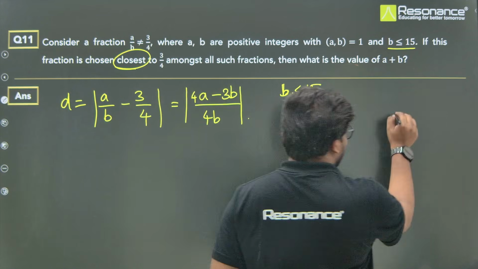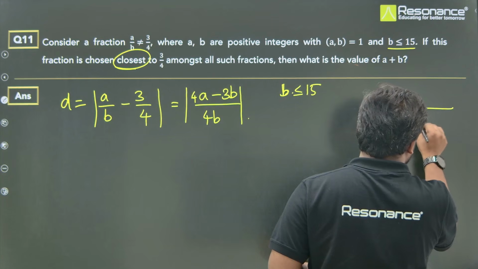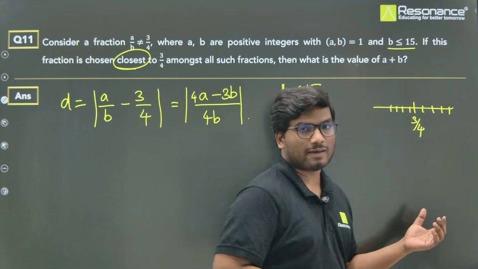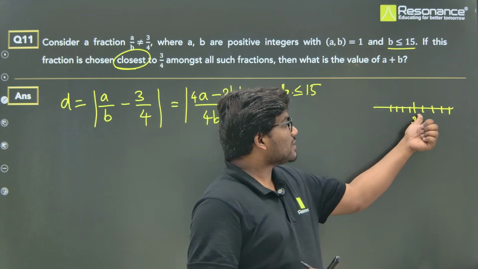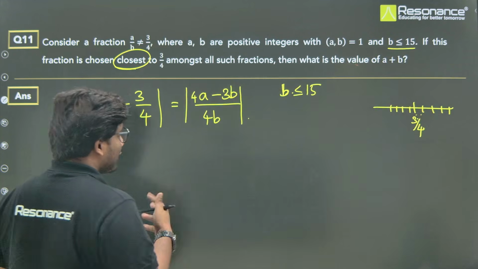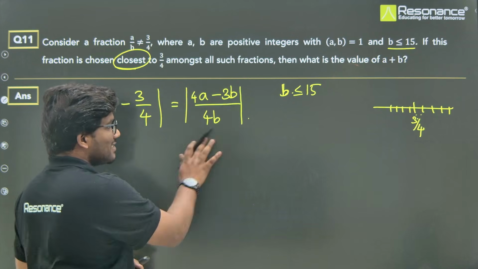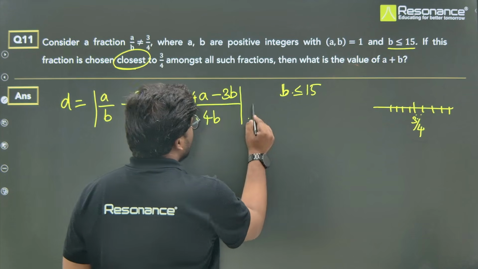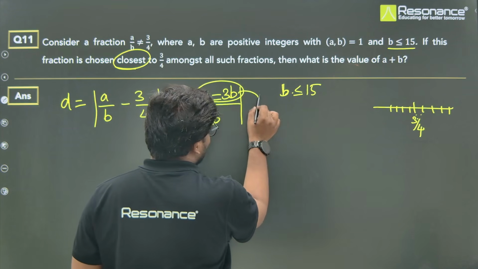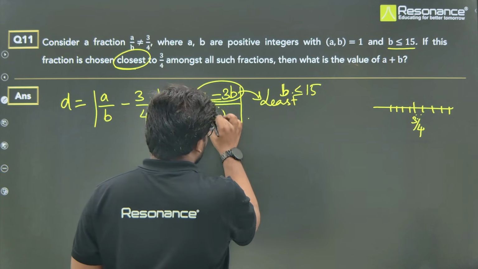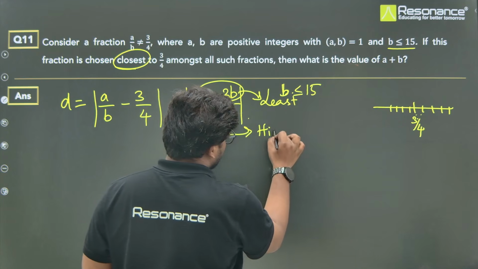So when you have it on the number line, this is 3 by 4 and these are the possible values of a by b. The closest would be with the least gap with 3 by 4. And for the least gap, since this is a fractional form, the least value would be when the numerator is least and the denominator is the highest.